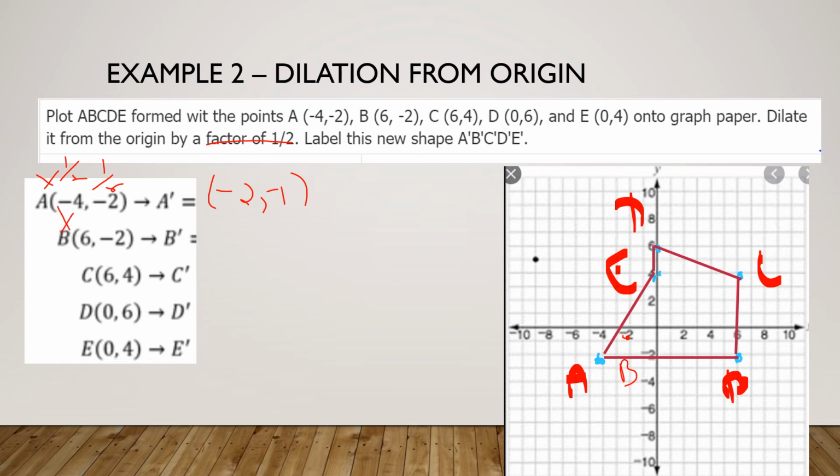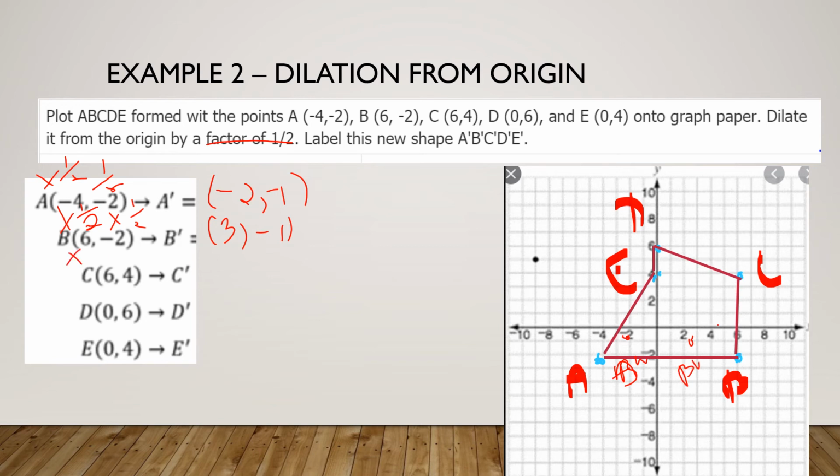Now again, we're going to multiply everything by 1/2. So 6 times 1/2 is 3, and -2 times 1/2 is -1. So we would have 3, -1. That'll give us our B prime.